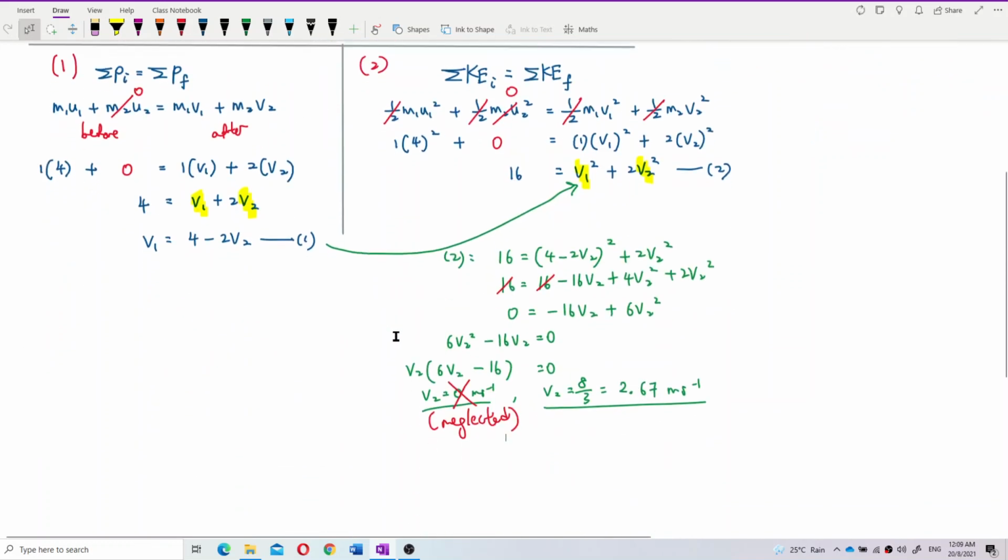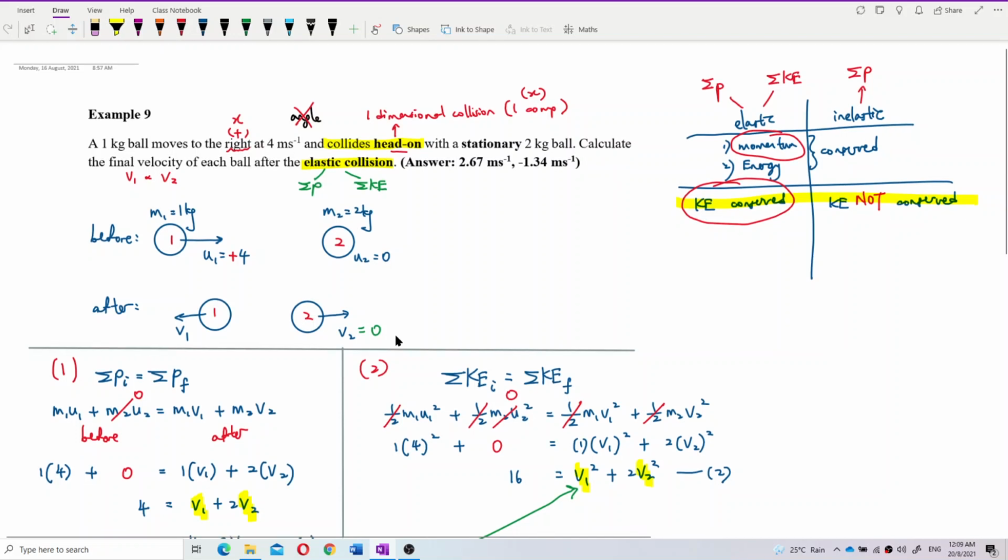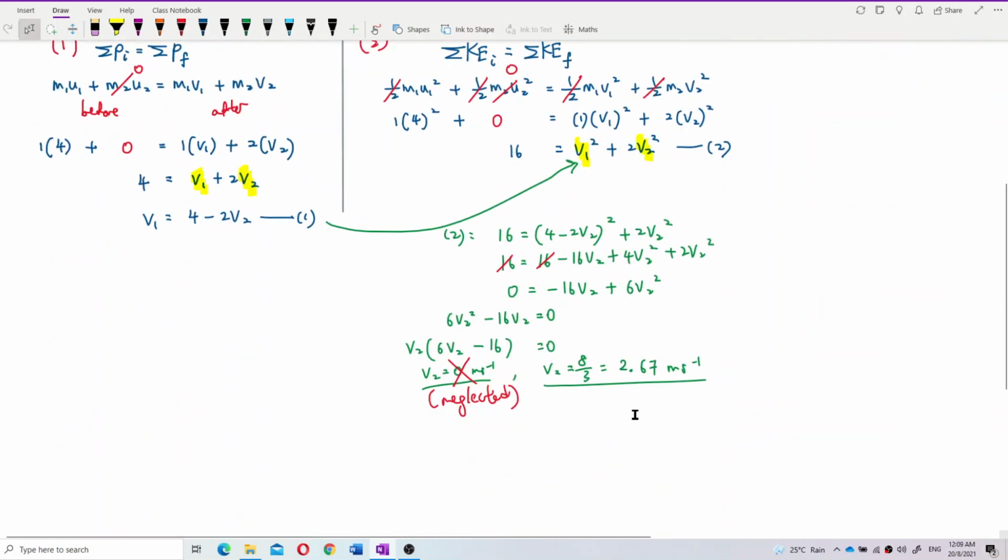So it's not 0. I got the positive answer here. Positive means it moved to the right.